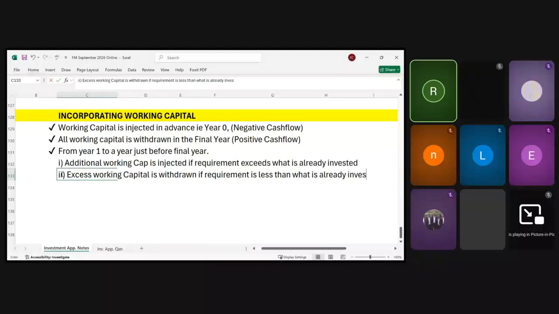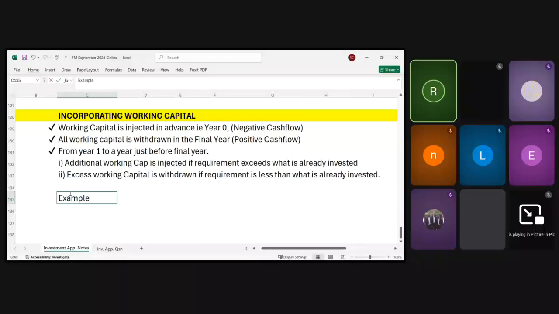So if we require less working capital, we are going to withdraw the excess. But if we require more working capital, we just inject the additional amount.